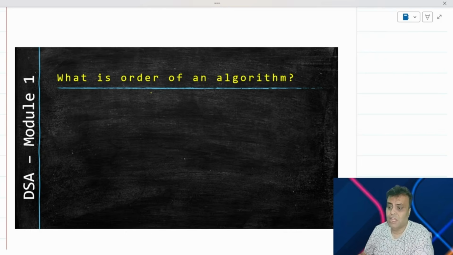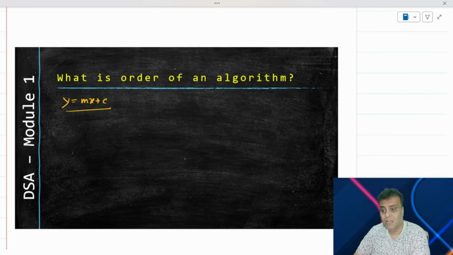Now, for that to be done, let us go back to our class 10 days, our standard 10, when we learned about linear equations, and let us take one linear curve which is represented by y equal to mx plus c, which I'm sure all of you are aware of.